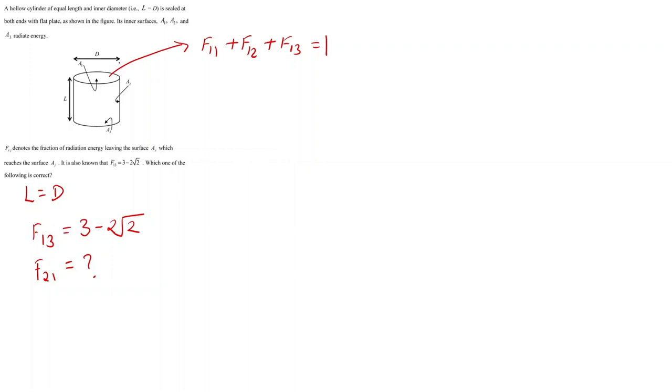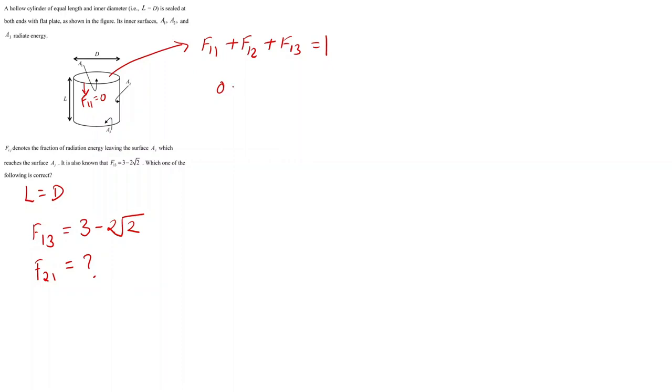Now we can say that the energy that will leave from surface 1 won't ever reach the surface again, because this is a flat surface. If it would have been a curved surface, then the radiation leaving surface 1 might reach it again, but not in this case, since we are having a flat surface. So F11 in this case will be equal to 0.